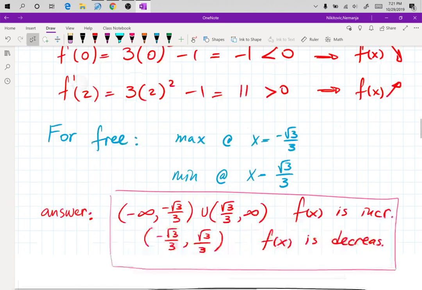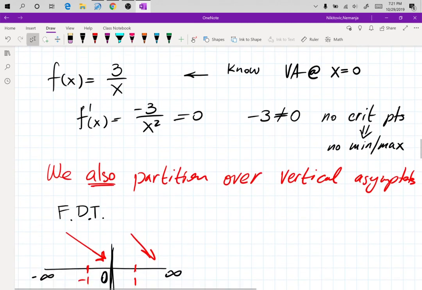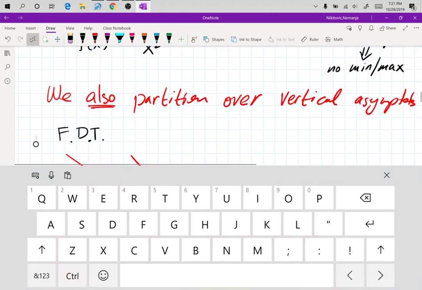And I did give you 3 over x, the next example, where you had a decrease followed by another decrease. So you are going to find alternating increase, decrease for sine and cosine and polynomials. The rest, hey, anything can happen.